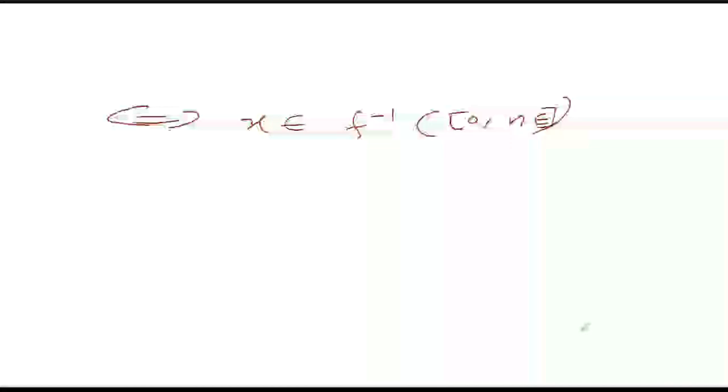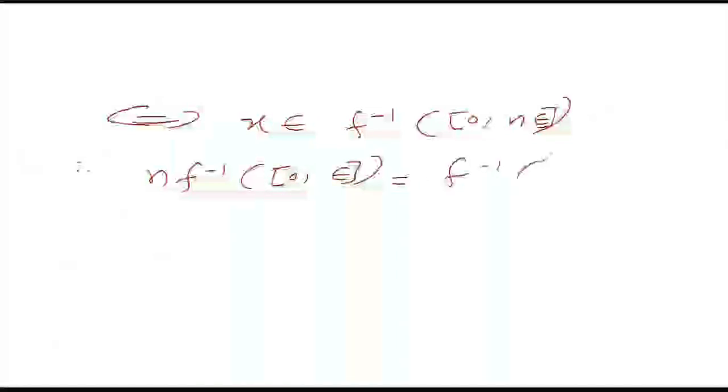So thus x belongs to n times f inverse 0 epsilon if and only if x belongs to f inverse 0 to n epsilon. So therefore n times f inverse 0 to epsilon is equal to f inverse 0 to n epsilon.